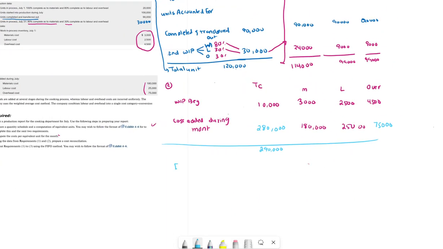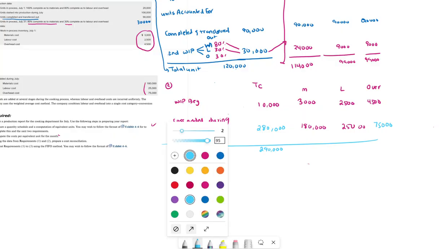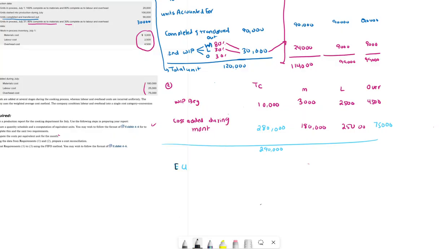The first thing we need to calculate is the equivalent unit cost. For material, labor, and overhead, I needed to put them together: 183,000, which is my dollar value, 27,500, and 75,000 plus the 4,500 gives me 79,500.